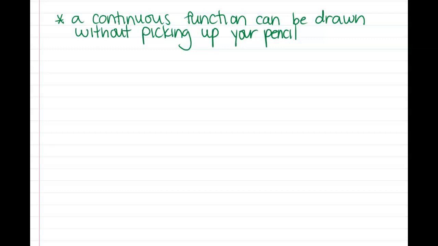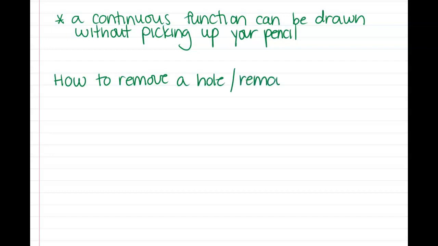Couple more things to talk about. First of all, how to remove a hole / removable discontinuity, because obviously if it's called removable, you kind of want to be able to remove it.